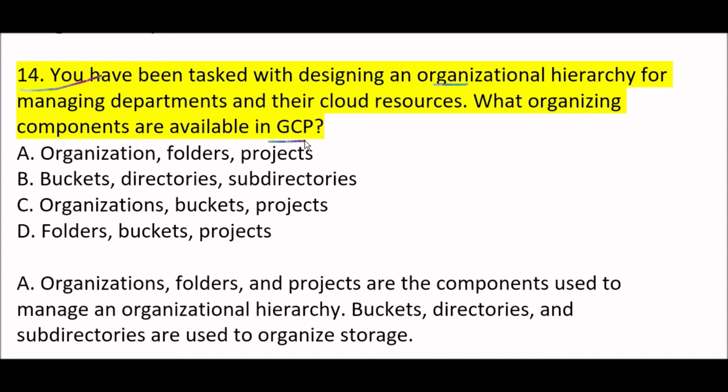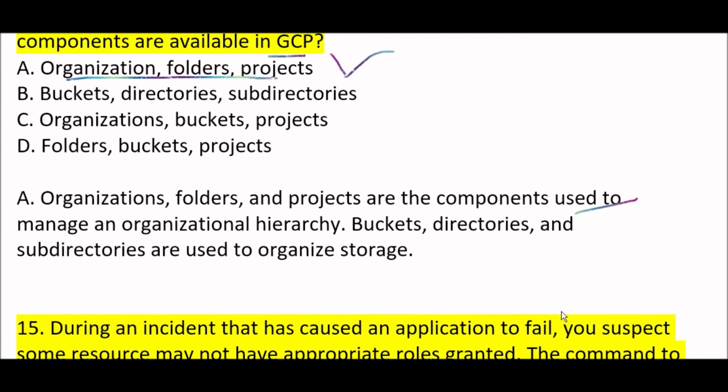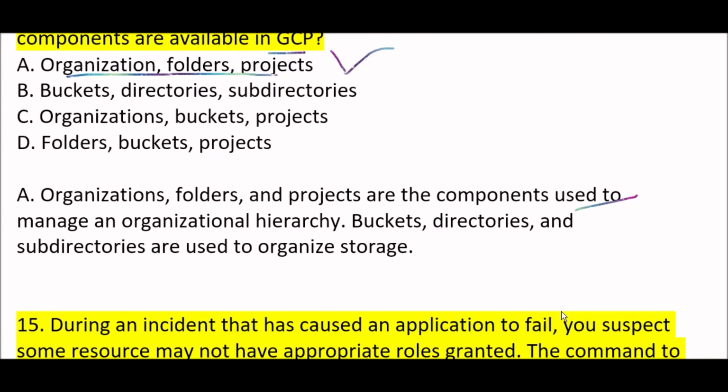Option D, folders, buckets, projects, respectively. Right answer here is option A, organization, folders, and projects. Organizations, folders, and projects are the components used to manage an organizational hierarchy. Buckets, directories, and subdirectories are used to organize storage in a cloud system.